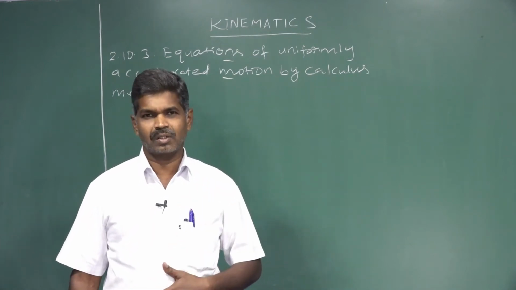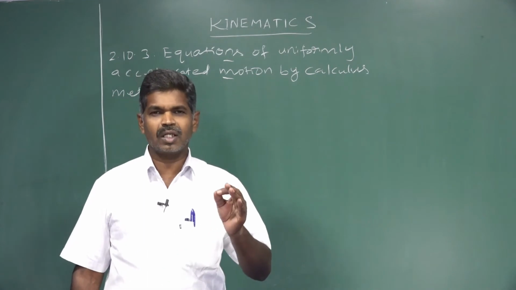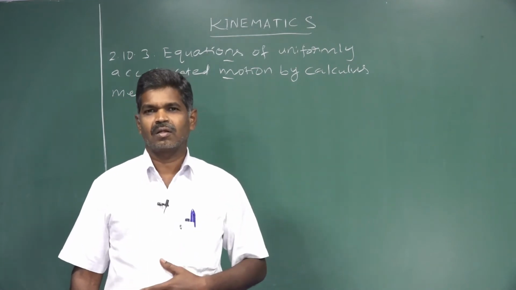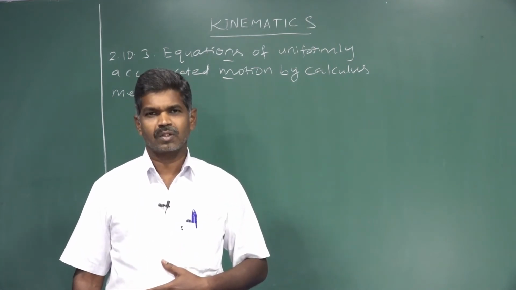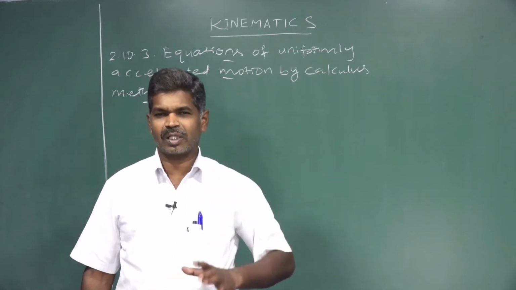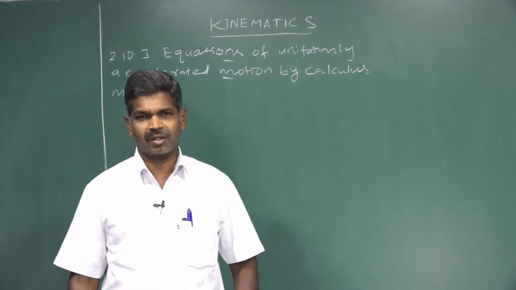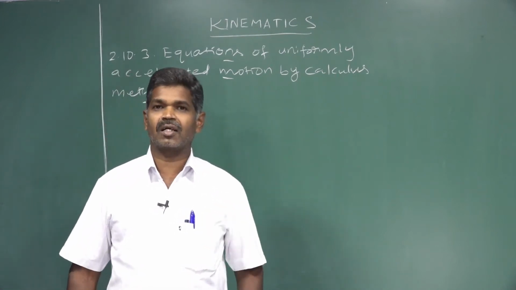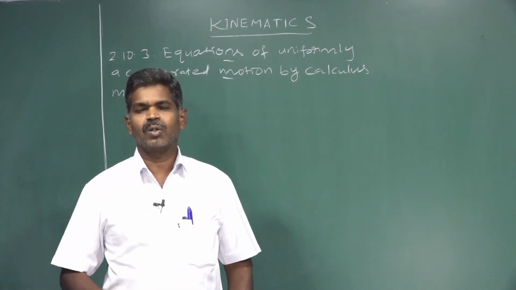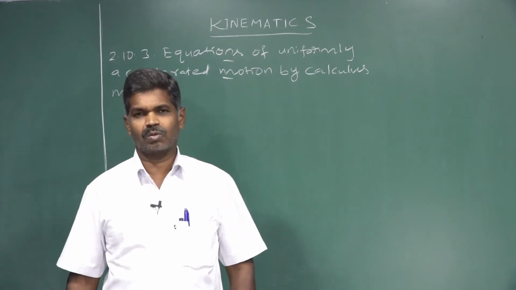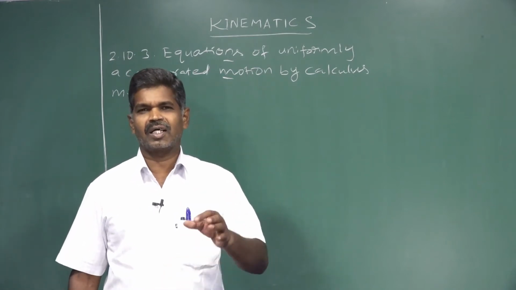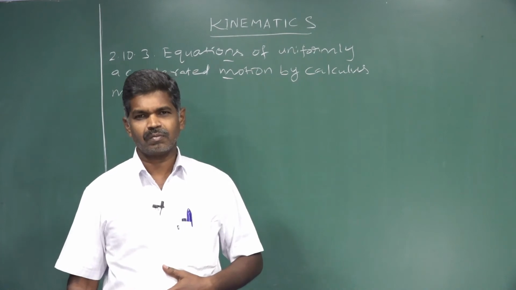Constant acceleration means the particle moves in a definite direction with the change in velocity with respect to time remaining constant. Then only acceleration remains constant, or otherwise we can call it uniform acceleration. So for that we will take one example diagram.